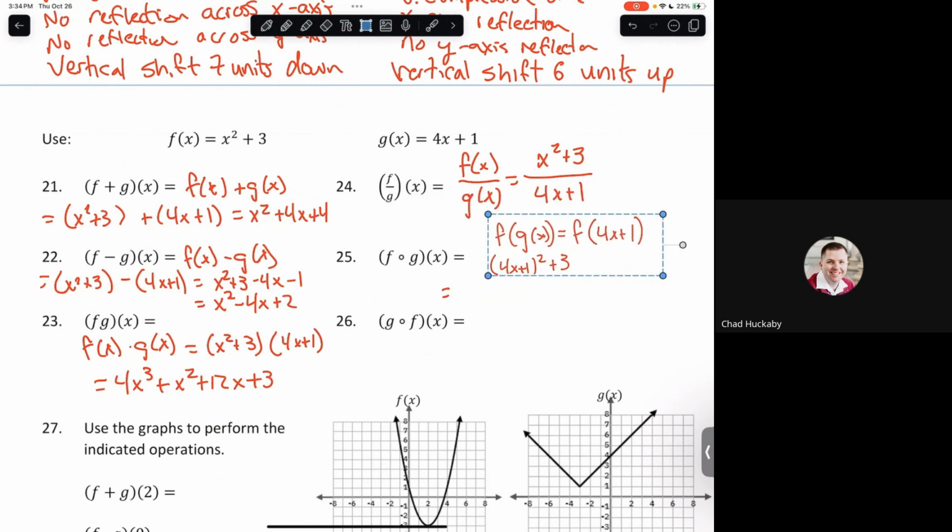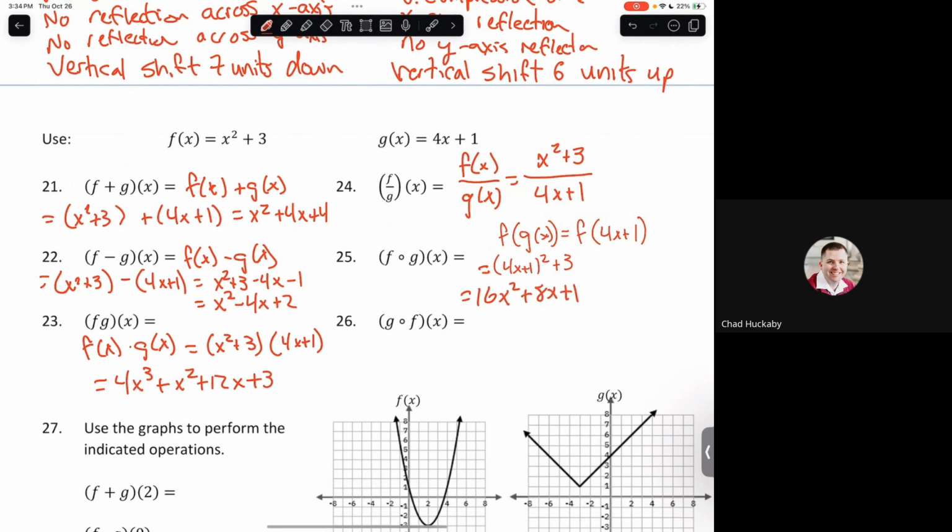When I double distribute 4x plus 1 squared, I get 4x squared, 16, 4 times 4, so 16x squared plus 8x plus 1 plus 3, which is just 16x squared plus 8x plus 4. And the way we get this, the 4x plus 1 squared, is we double distribute.